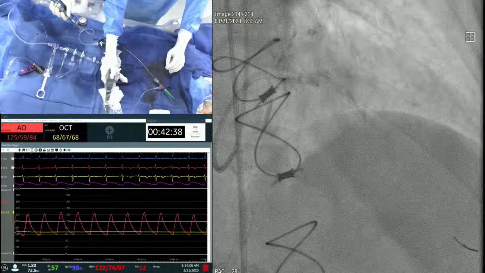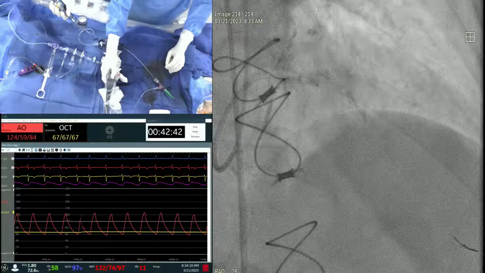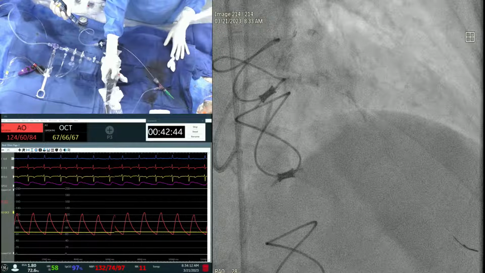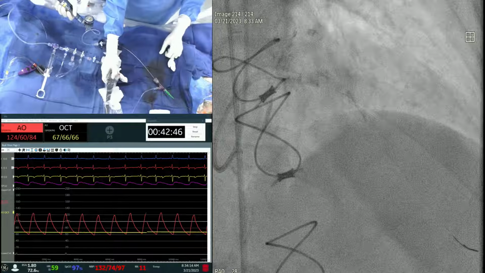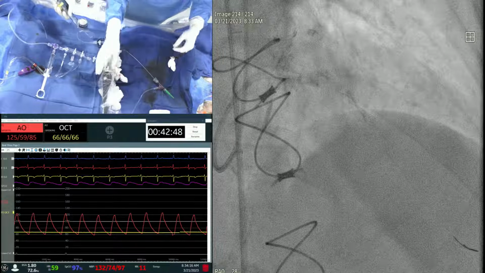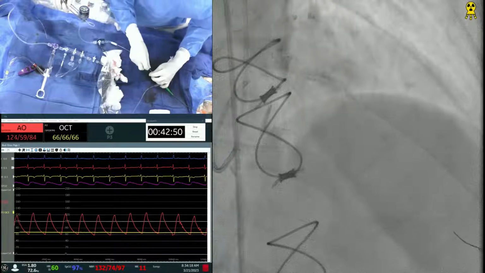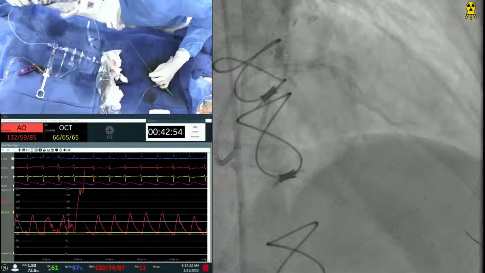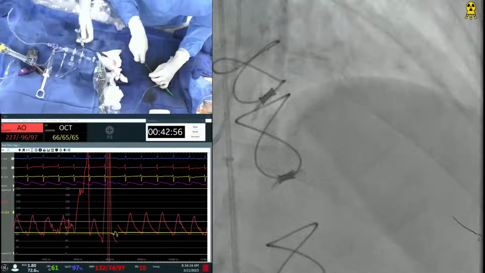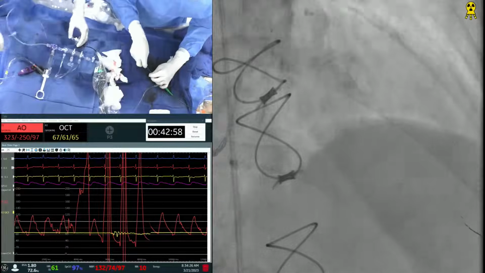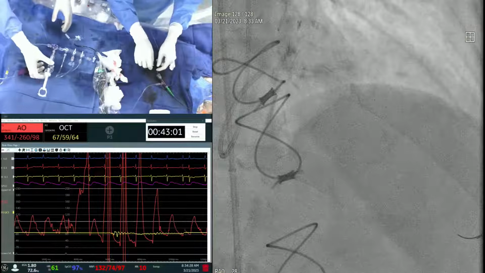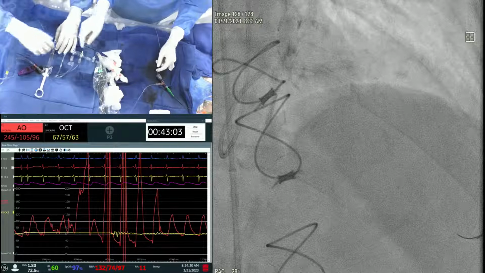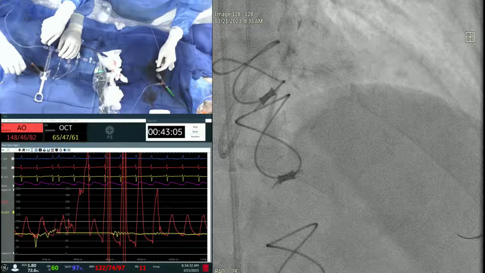Most of the IVL cases are done with imaging, right? Yep. We have done pre and post imaging. Once we know the balloon has expanded and we have done OCT, we have seen a nice disruption of the calcium. We never did post-dilatation after that, before the stent, and it shows a good expansion. So we had to give a few runs. Can you do an angiogram now? Yep. Yeah, let's go. Ready?